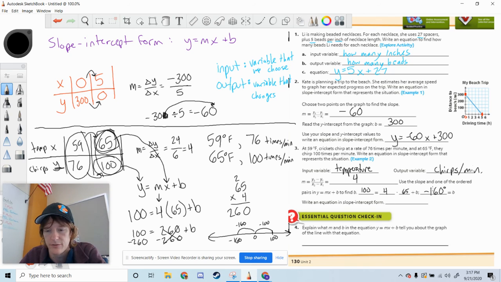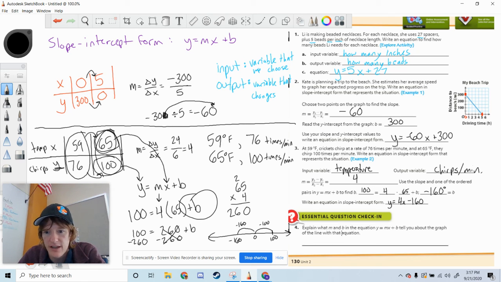We get negative 160. So our equation is y equals 4x minus 160. Kind of a lot of work there, but you could use this x and y, or you could use this x and y. We're just plugging it into this x and this y to figure out what that missing variable b was.